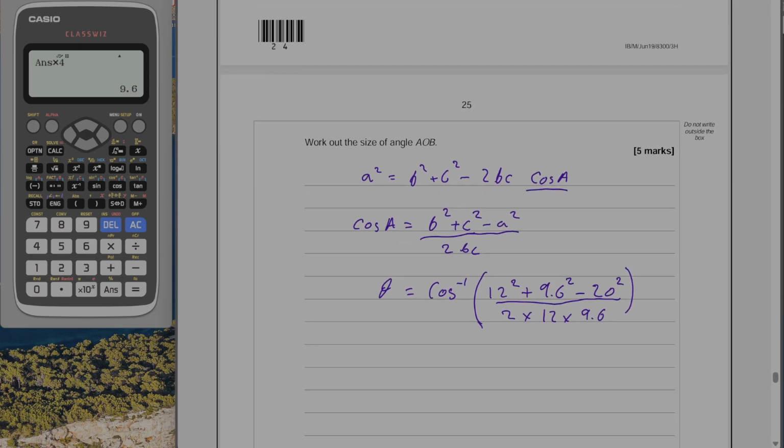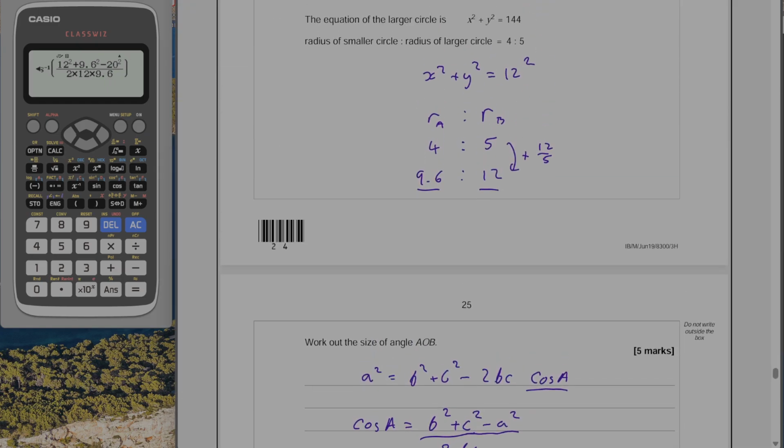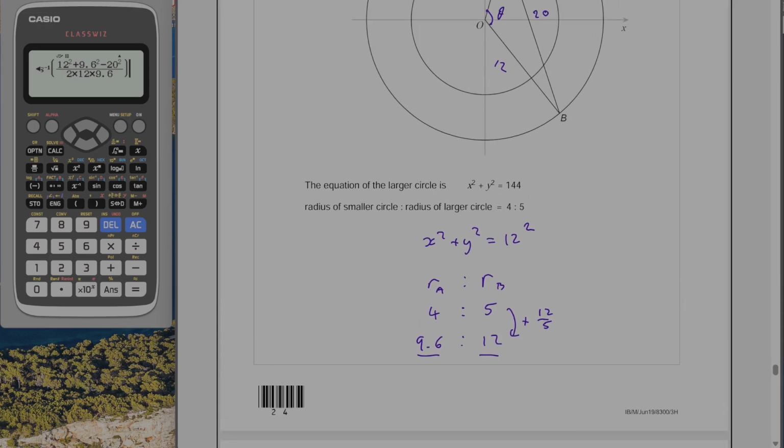Right, so shift cos, and then we'll type it in just like that. 12 squared plus 9.6 squared minus 20 squared, divided by 2 times 12 times 9.6. Close my bracket.